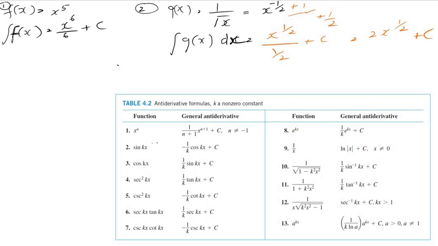So the next question we'll do is third question. hx equals sine 2x.